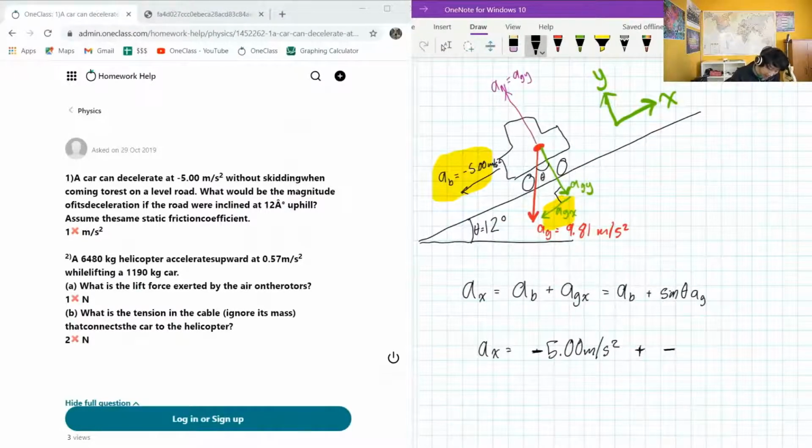This is going to be sine 12 degrees multiplied by 9.81 meters per second squared.